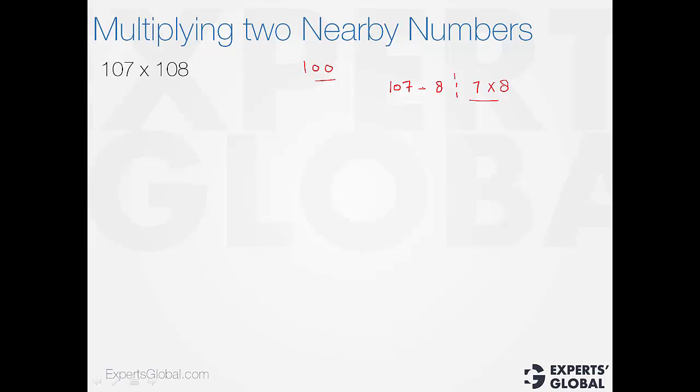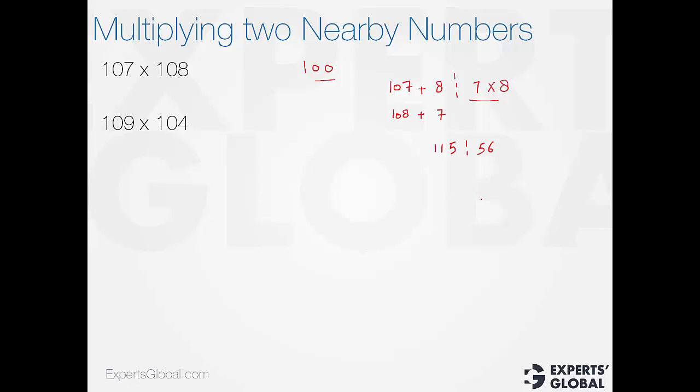Add these two numbers. If I had taken 108 here, it would have been 108 plus 107 minus 100, you get 7. You'll always get the same answer. Okay, so on the right side I have 56, on the left side I have 115. That means the value of this product is 11556.